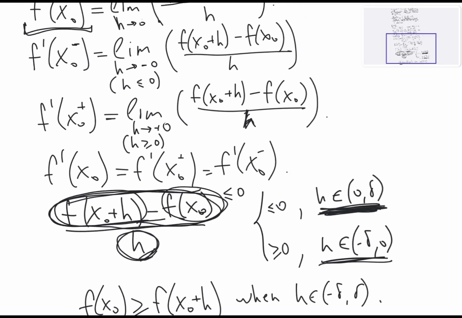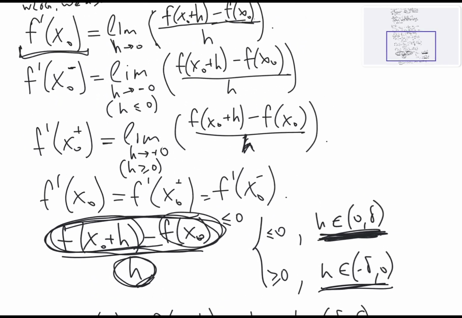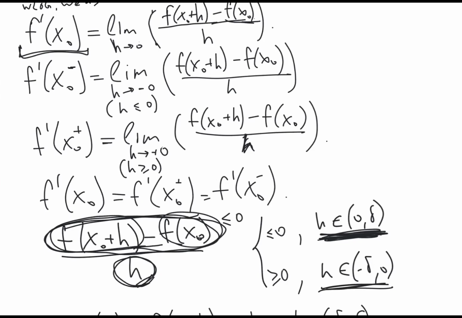Depending on where h belongs, now we return to the definition of when h approaches 0 from below and from above. When it approaches from below, h is negative and greater than minus delta, so h belongs to this interval, therefore the whole expression under the limit is greater or equal than 0.